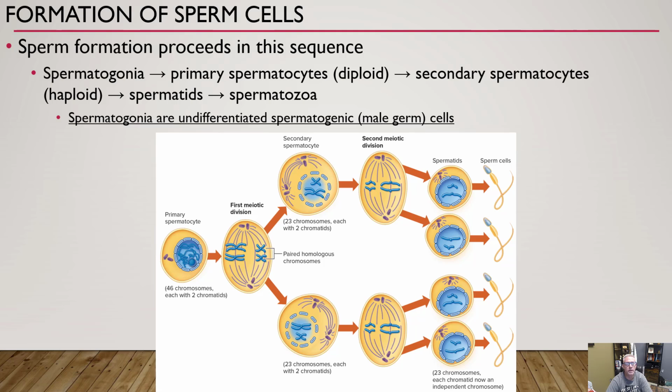So how we create sperm cells follows a specific sequence. So we have this thing called a primary spermatocyte. And that primary spermatocyte, remember, would be the end of meiosis 1. Primary spermatocyte is the end of meiosis 1.